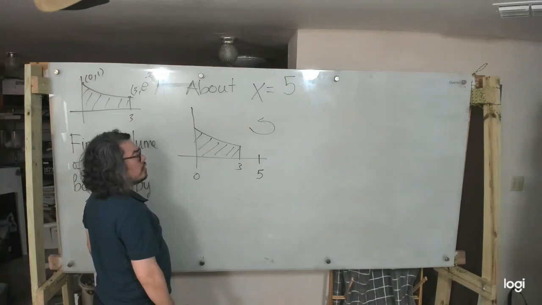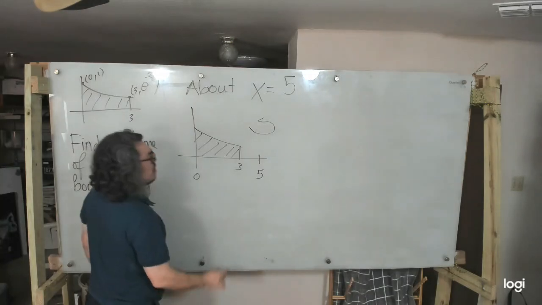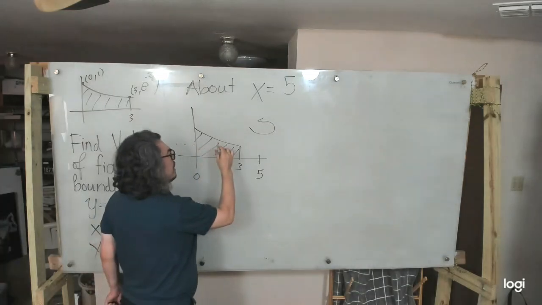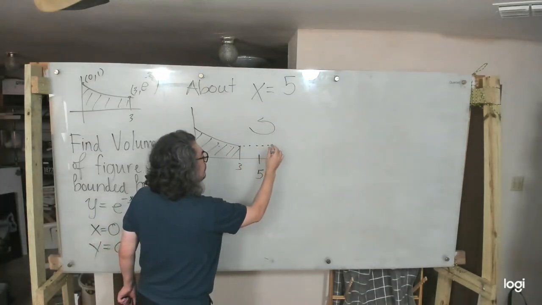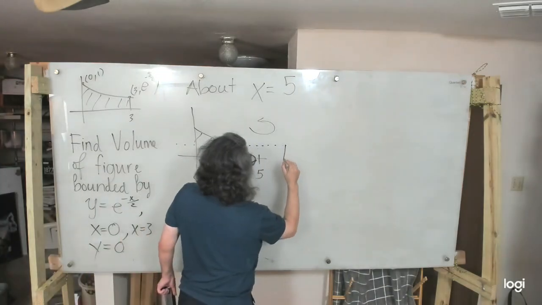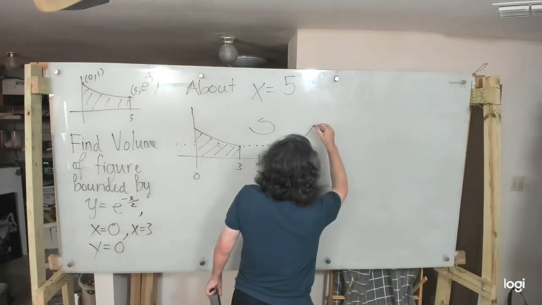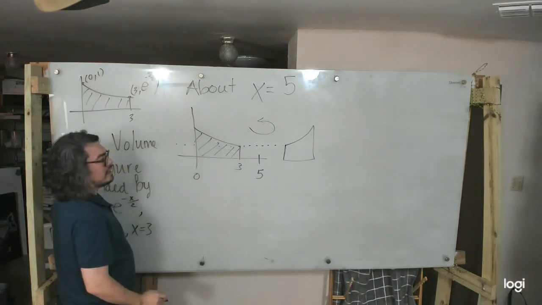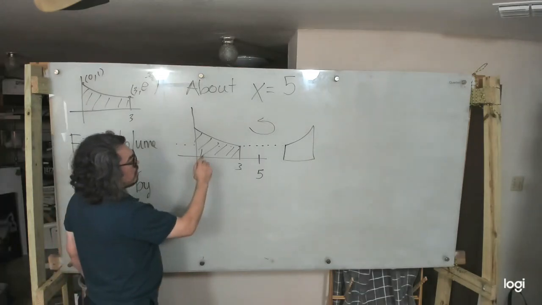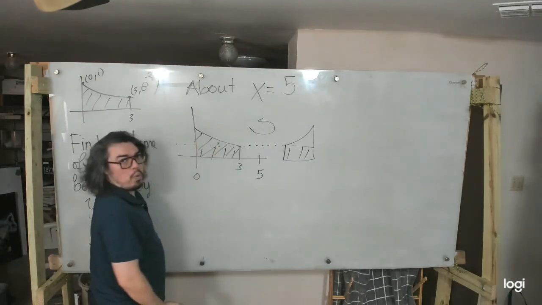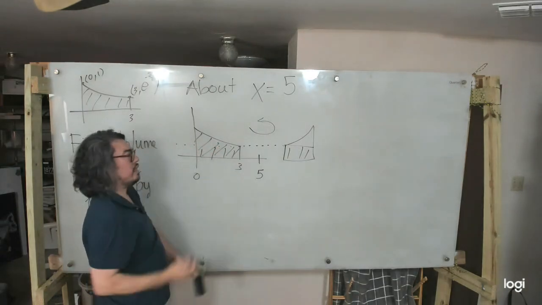So what I want you to notice is that in this case, we're actually going to have two different situations. We're going to split it here. If you imagine rotating it, you're going to see the other piece, right? And what I want you to notice is that this bottom part is basically going to be like a washer that's kind of thickened, kind of like a donut.